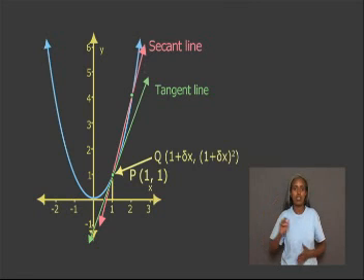Then Q has coordinates (1 plus delta x, (1 plus delta x) squared).